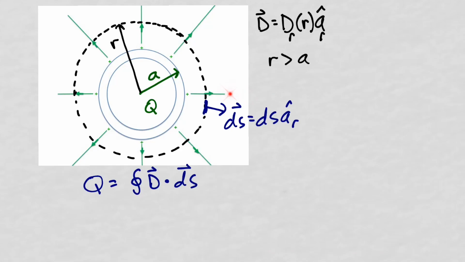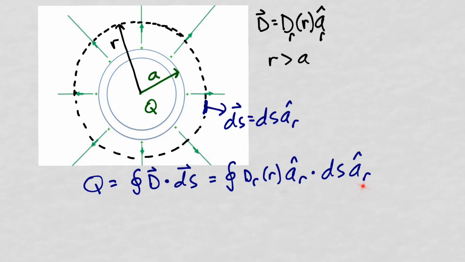So here is our surface differential, so it will also have a direction in the radial direction. So we'll have a_r dot a_r, which is 1. This is the electric flux density on the surface of this sphere of radius r, and it is constant everywhere on that spherical surface.